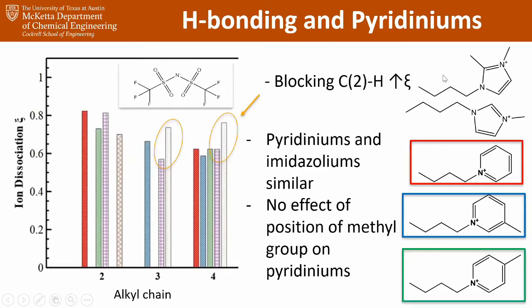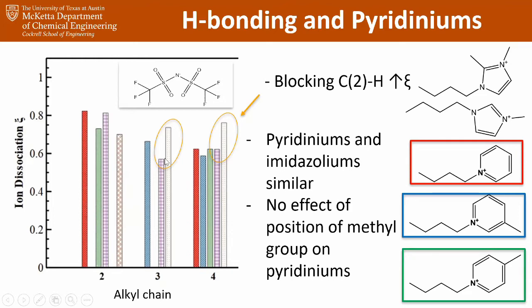Here's another one. There are two concepts in this one. Here we're plotting ion dissociation calculated from the densities, viscosities, and conductivities for three different alkyl chain lengths, right? Ethyl, propyl, and butyl.